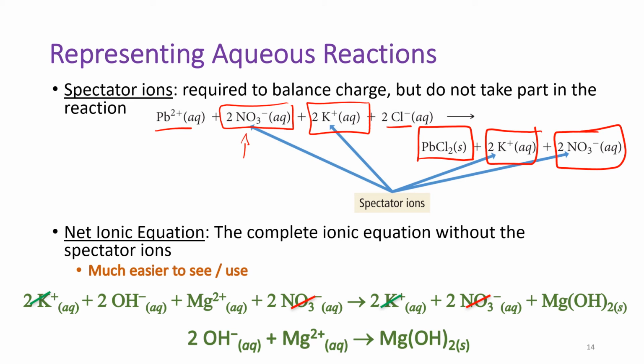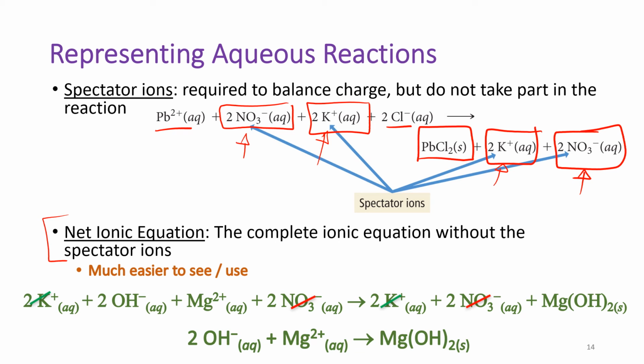So here, for example, we have this nitrate and this potassium ion. You have two of each, and at the end you have those same ions; nothing really changed. They stayed aqueous. There are still two of each. They didn't do anything, they just stayed the same, so they're spectator ions. Whenever you want to write your net ionic equation, you have to have already identified your spectator ions. The net ionic equation is the complete ionic equation, but you cancel out the spectator ions.